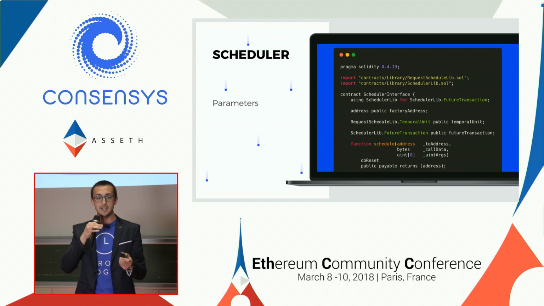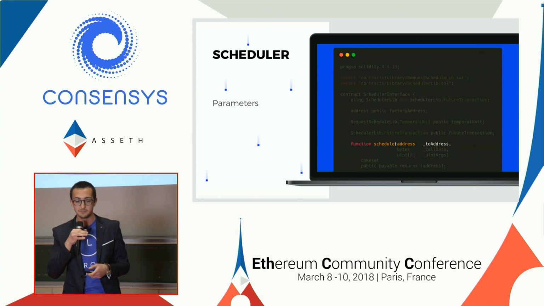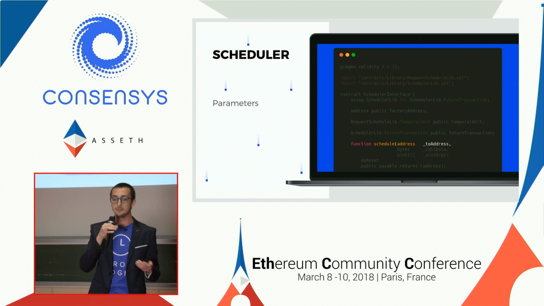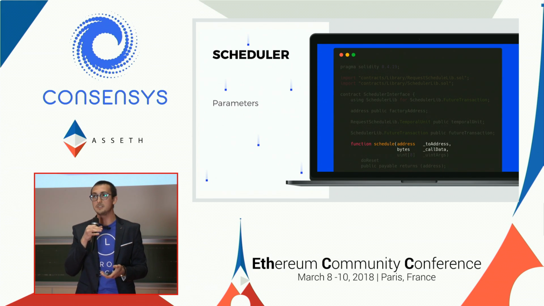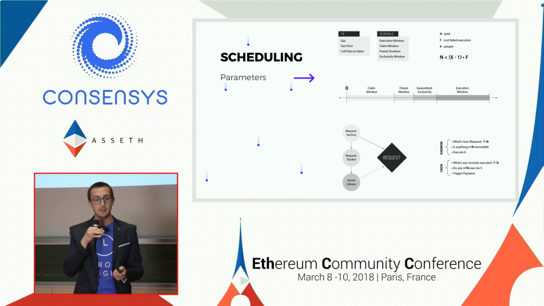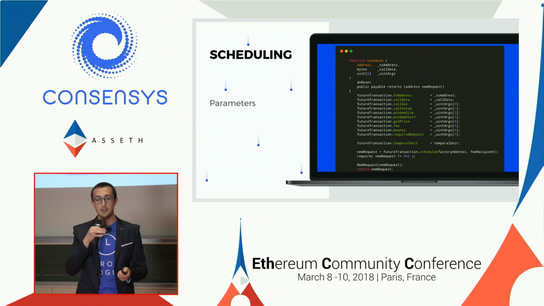So the parameters that the scheduler takes: we have the to address, which is the recipient that the transaction will be sent to. Bytes, which is the call data. So if you want this transaction to go to a smart contract and execute a function, you would input the encoded byte data here. And then 8 unsigned integers, which I'll go into right here.